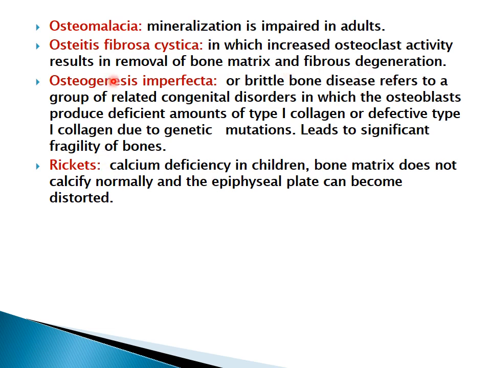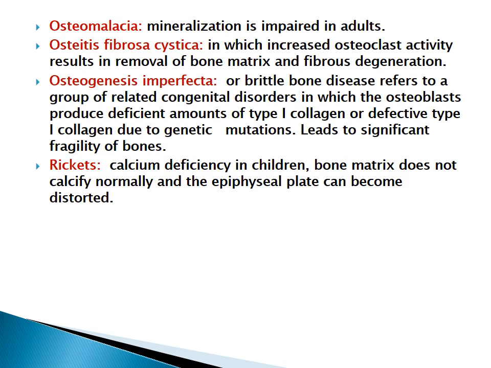Osteogenesis imperfecta, or brittle bone disease, refers to a group of related congenital disorders in which the osteoblasts produce deficient amounts of type 1 collagen, or defective type 1 collagen, due to genetic mutations. So it leads to significant fragility of the bones. Then rickets, you are familiar with rickets.